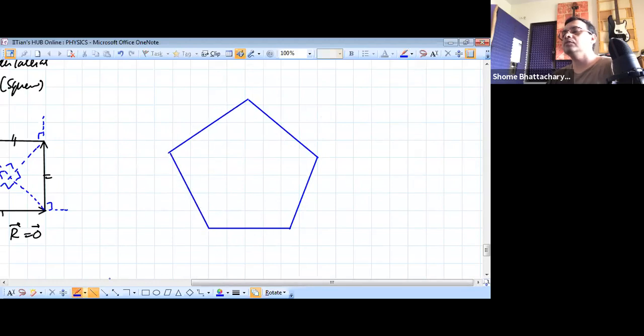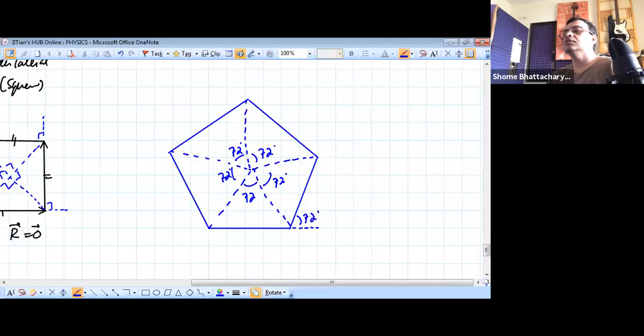You have this case. Just imagine these are straight lines which I've drawn. So these angles will also be 72 degrees each, which will be the same as these angles.